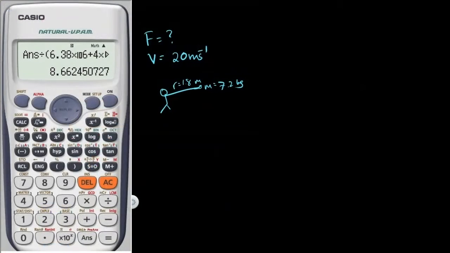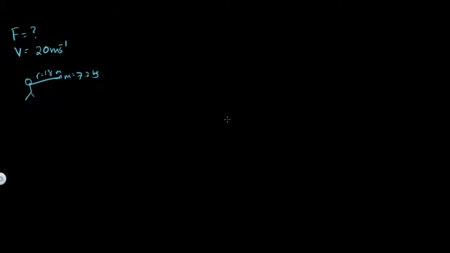Okay, let's change my screen first to this one. So this is the diagram given. So what can we see here? This hammer will be revolving around in this direction. So if we look from above, let's say this is the person and he is holding the hammer at radius equals 1.8 meter.